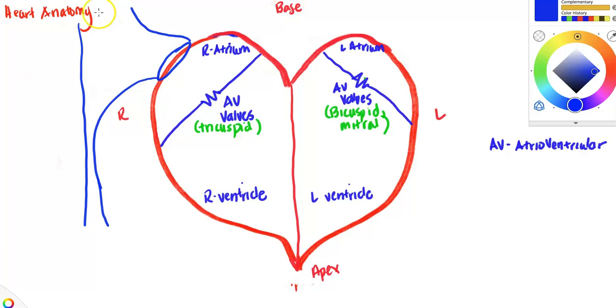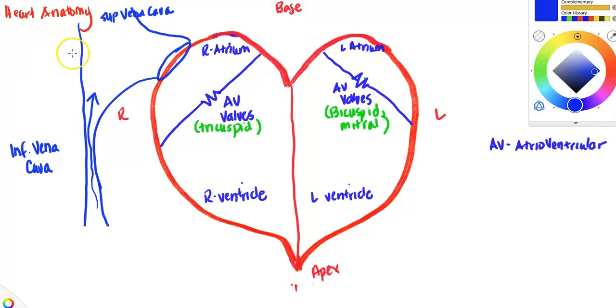So we've got a superior vena cava that comes from the head and the upper area, and then the inferior vena cava brings blood up from the abdomen and legs and all of that.